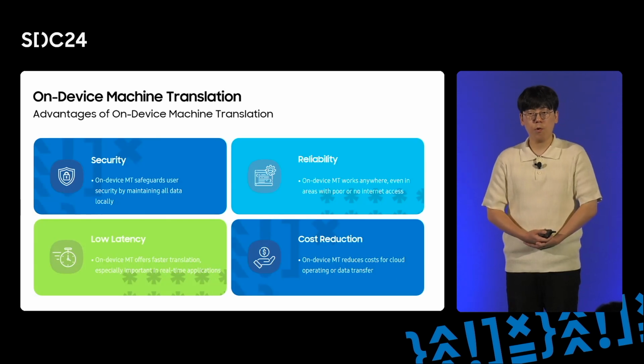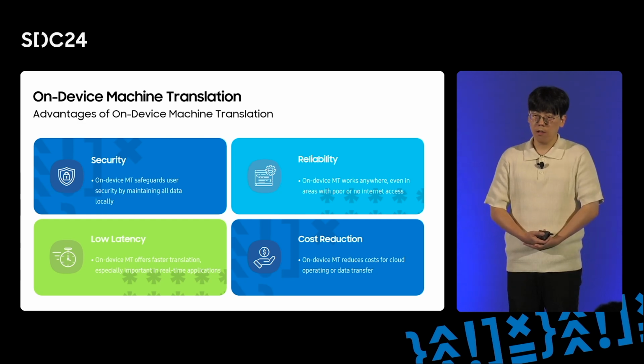Then what are the advantages of on-device machine translations? The first is security. Since all processing is done locally on device, no data is sent to external servers. This is crucial for sensitive and confidential information. The second is reliability.